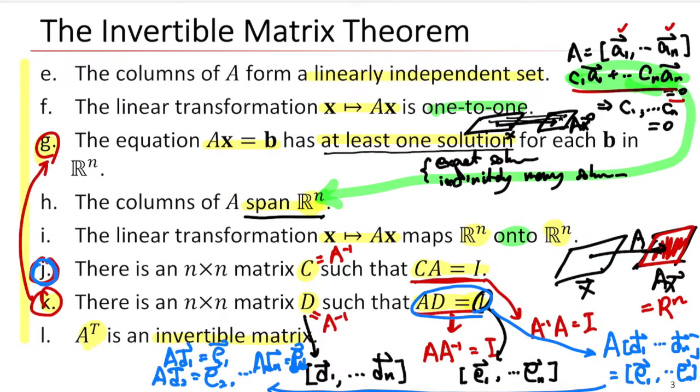So if we go back to today's proof, this one means the column vectors. How can we tell?